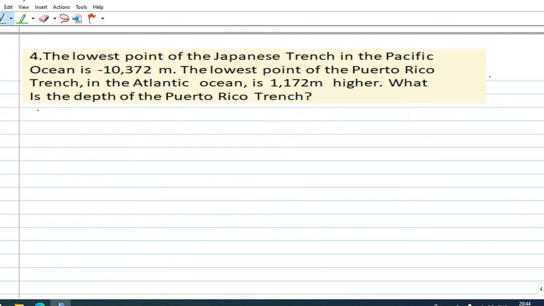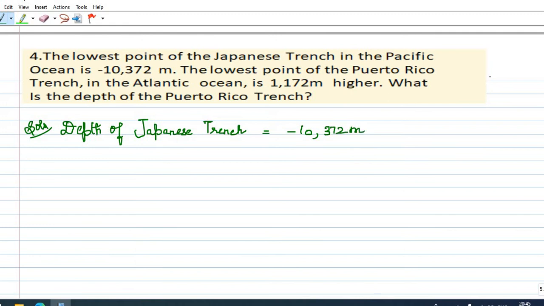Listen, now I am going to write the solution for this. Depth of Japanese trench is equal to minus 10,372 meter.